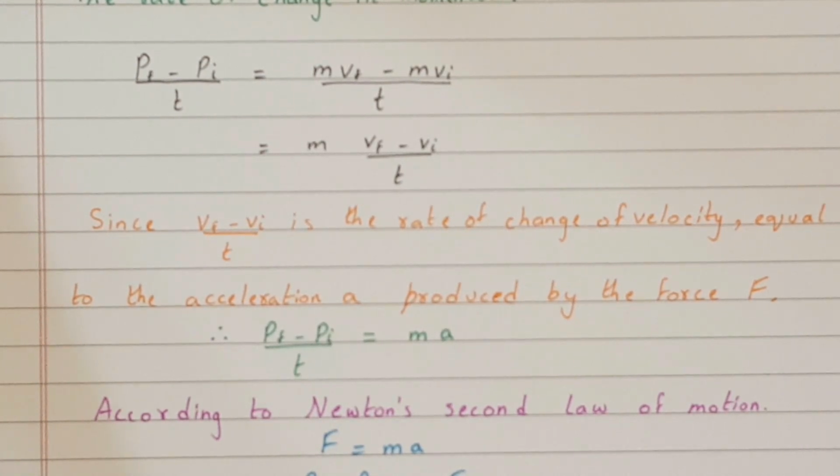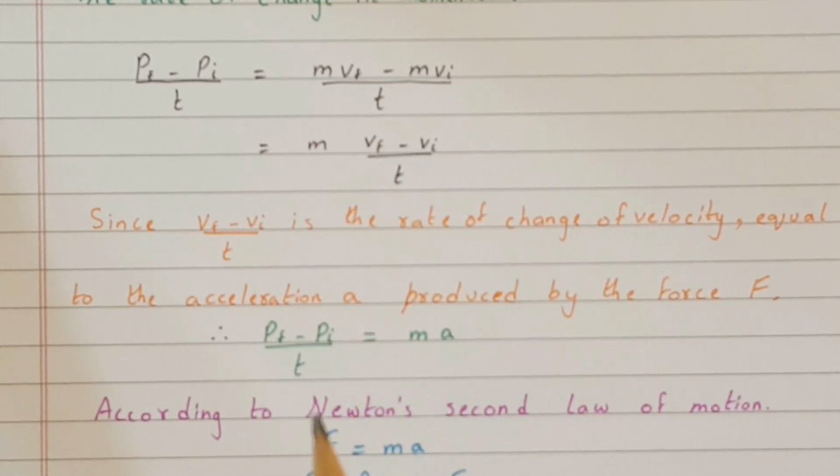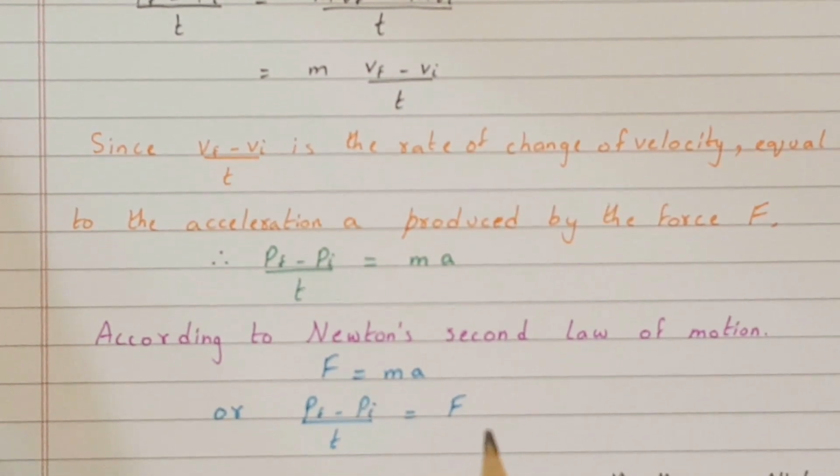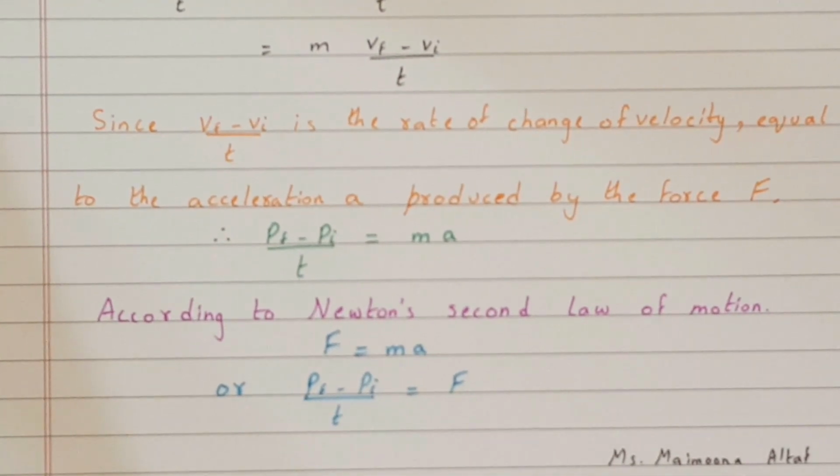So we can write the above equation as Pf minus Pi over t equals F. So the rate of change of momentum equals the applied force. Or we can say that whenever we apply a force on a body, it produces a rate of change of momentum in it.